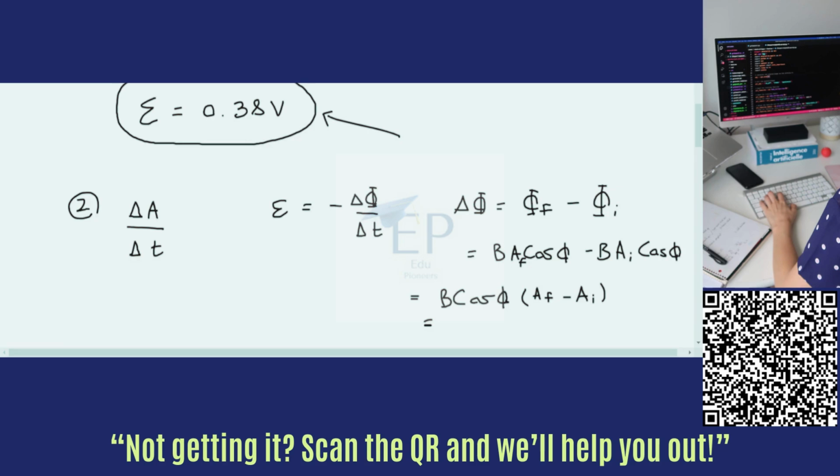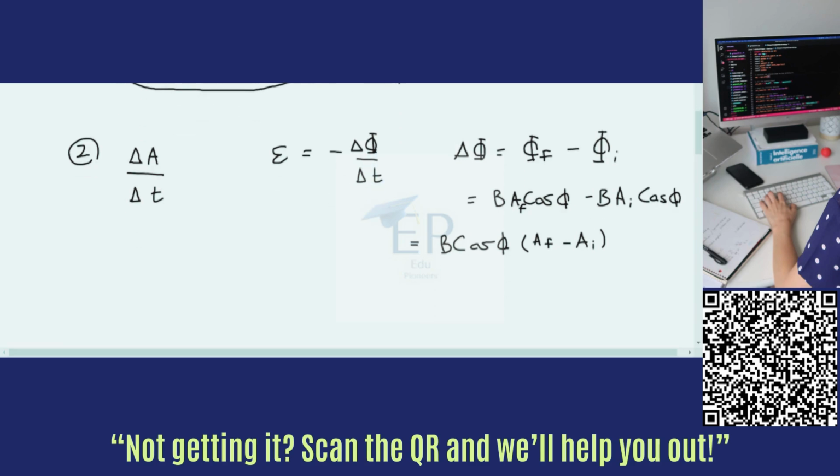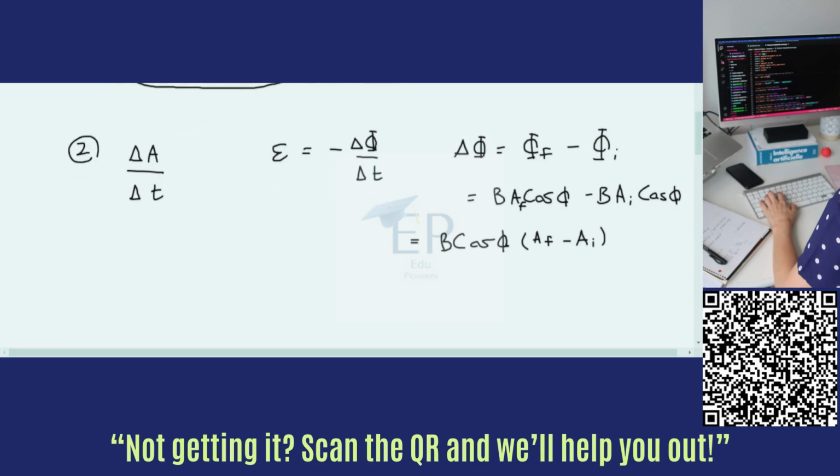So this is equal to B times cosine of phi times delta A. So if we plug that in for our change in flux into our law of induction here, we'll have that the induced EMF is equal to minus B times the cosine of phi times delta A over delta t.